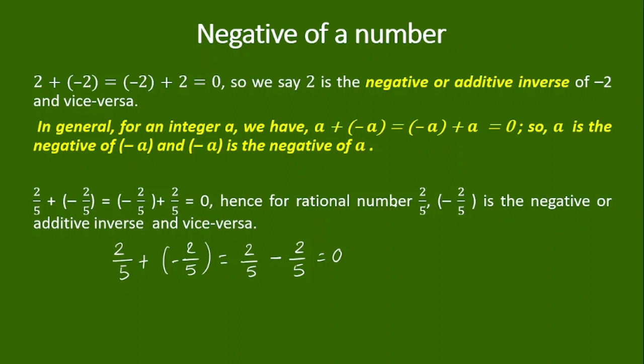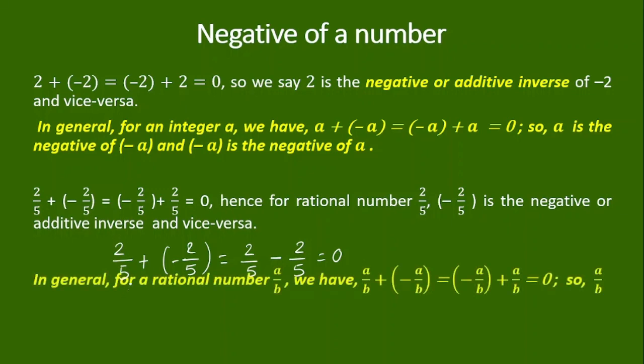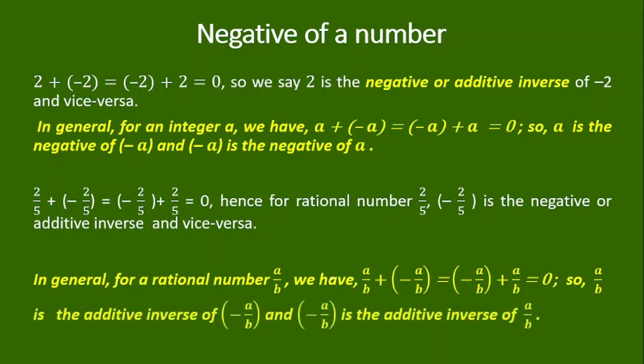Now in general I can say that for a rational number a upon b, we have a upon b plus minus of a upon b is equal to minus of a upon b plus a upon b is equal to 0. So a upon b is the additive inverse of minus a upon b and minus a upon b is the additive inverse of a upon b.